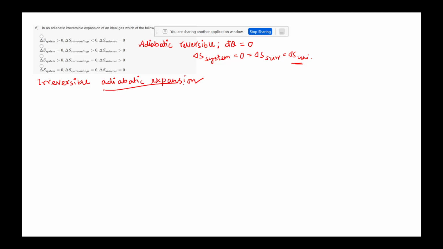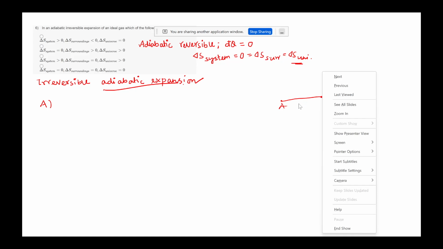Now the logic behind this, we will construct it using two methods. Let's say I am going from point A to point B, and this is irreversible.